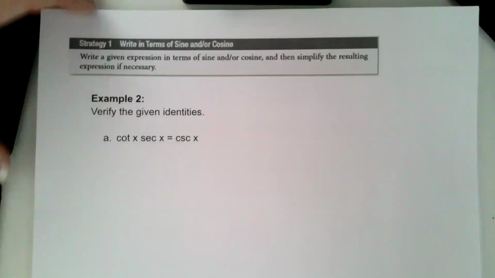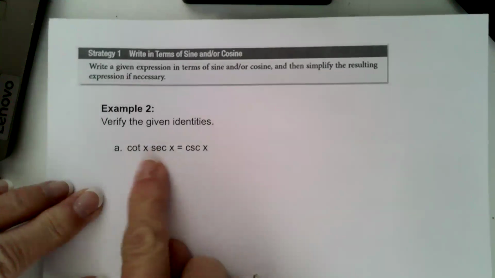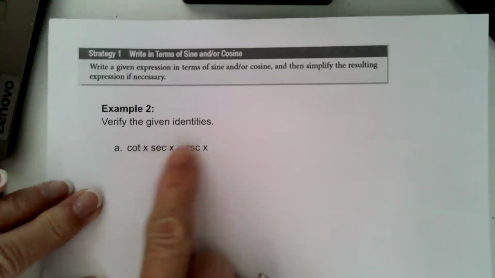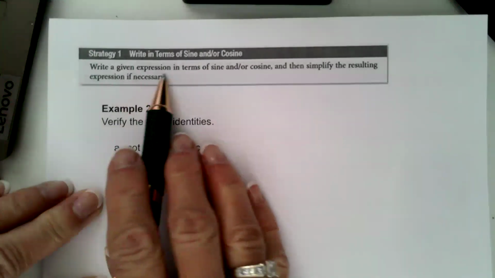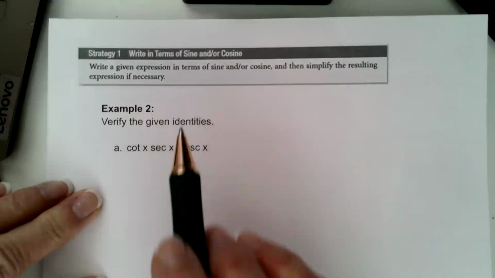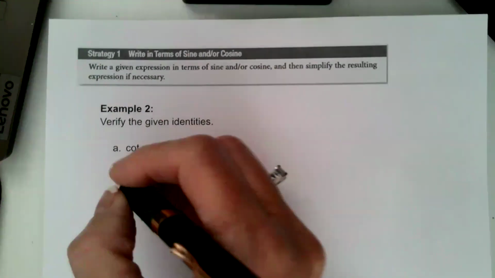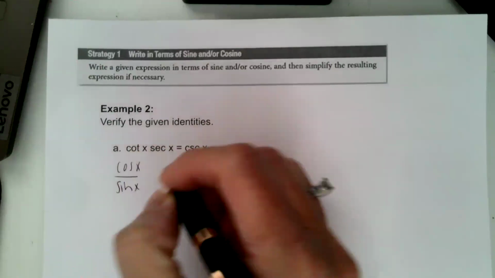Okay, the next one is I want you to verify the given identity. So now I want you to verify that the left-hand side will equal the right-hand side. So strategy 1, write a given expression in terms of sine or cosine, and then simplify the expression if necessary. So I'm going to rewrite cotangent as cosine x over sine x.